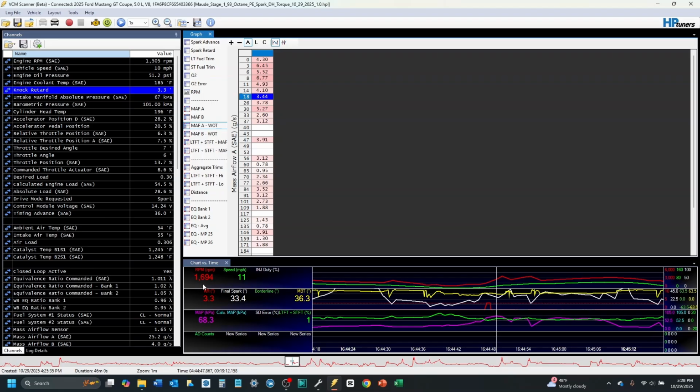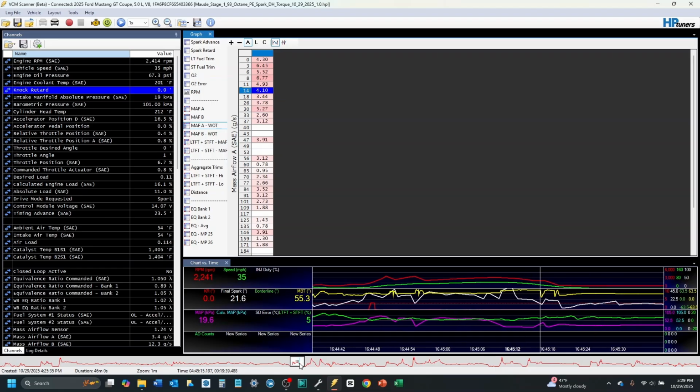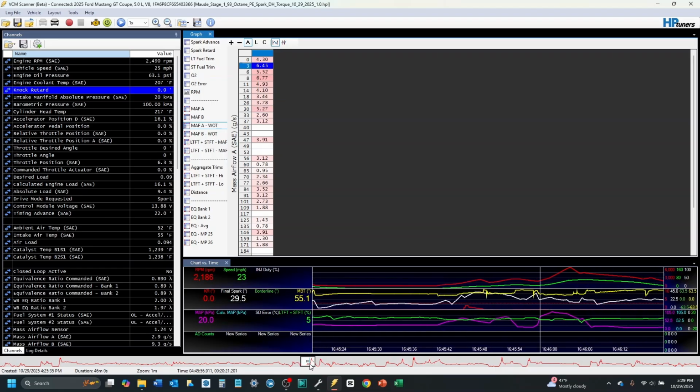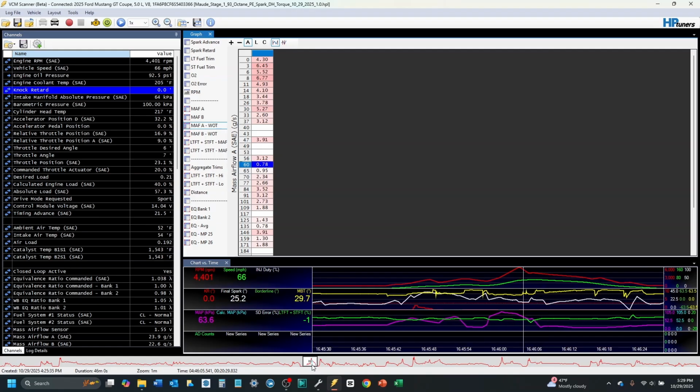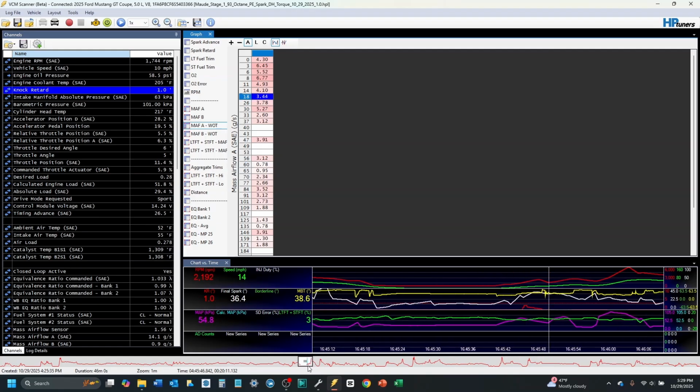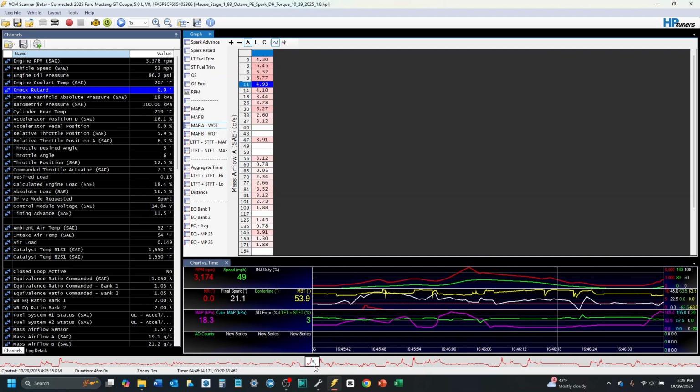Interesting. So we were at 1694, 11 miles an hour. I think I was probably hitting it a little bit. And it had 3.3 degrees of knock. I wonder why. That's not crazy, but interesting. Probably noise. Here, under some throttle, no big deal.